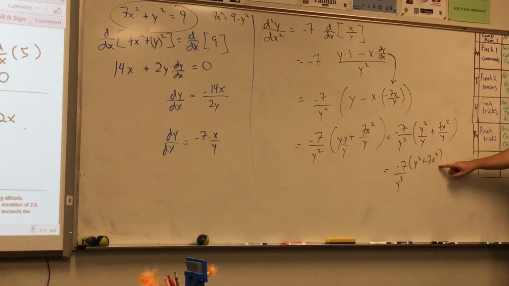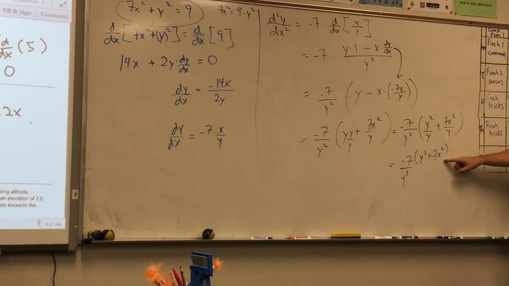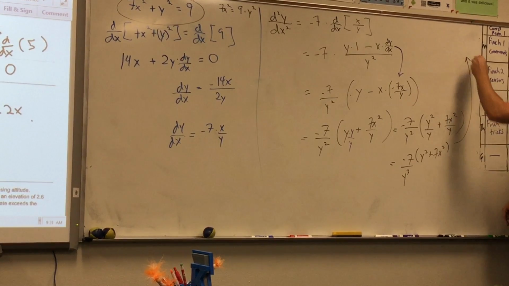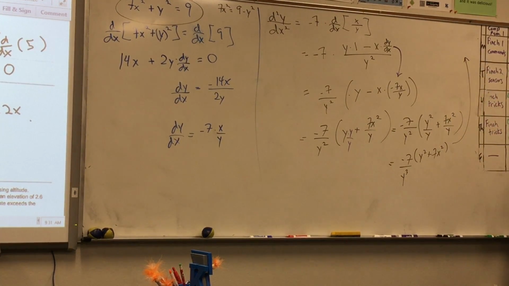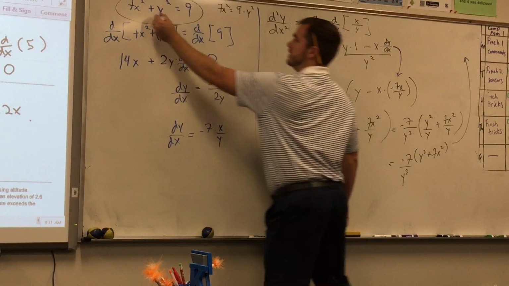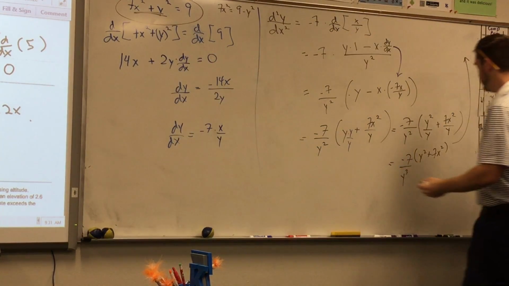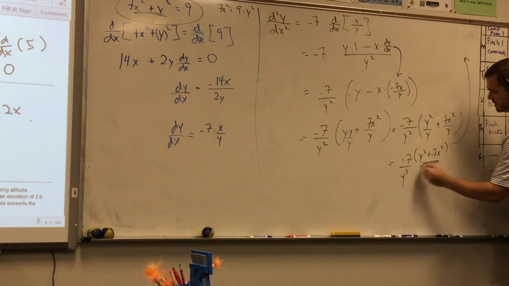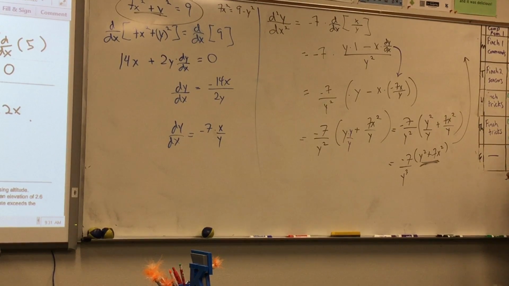And so I can substitute that in for the 7x squared. But isn't 7x squared plus y squared equals 9, so couldn't you just put 9 in? Yeah, I can put a 9 in there. That's even better than what I thought. I hadn't thought of that.